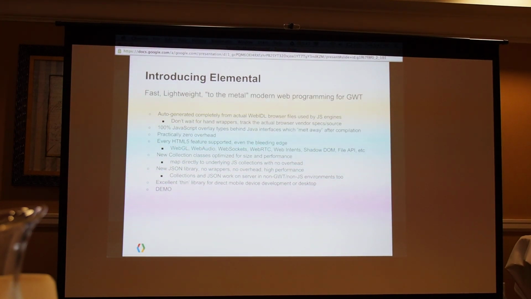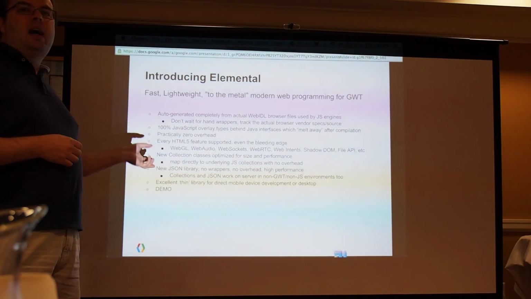And the GWT team just does not have the resources to keep up with all this stuff. We had to find a new solution for this. The solution is to actually take the IDL files used in the C++ implementation of the browsers themselves and auto-generate the libraries from them.